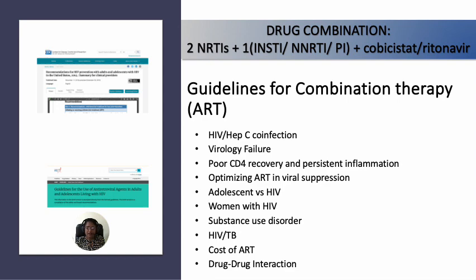And this generally consists of two nucleoside reverse transcriptase inhibitors, NRTIs, in combination with one of three classes: an integrase strand transfer inhibitor, INSTI, or a non-nucleoside reverse transcriptase inhibitor, an NNRTI, or a protease inhibitor, together with an enhancer or booster agent such as cobicistat or ritonavir. We'll discuss these drugs in more detail as we go along. But I want you to remember this cocktail or this recipe: two NRTIs with one of the other agents.